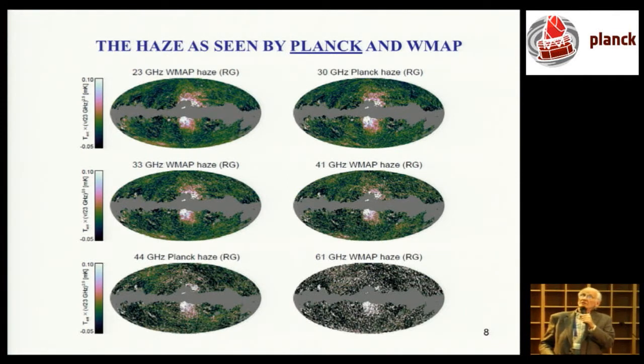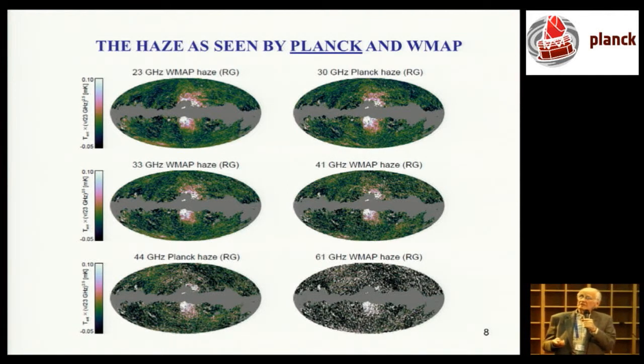This is what the haze looks like in the Planck paper, and it's clearly a phenomenon that's in both the northern and the southern hemisphere. You can see it here, and it covers this general area. And these channels have all been changed in amplitude to make the haze look constant, and you can see it running from 23 right through to the Planck and WMAP frequencies.